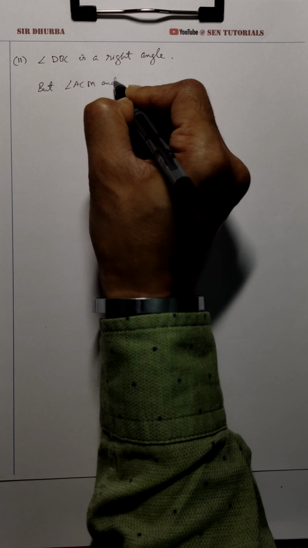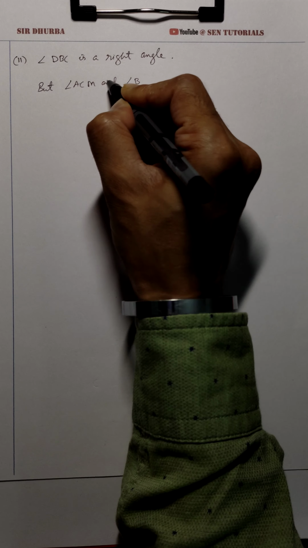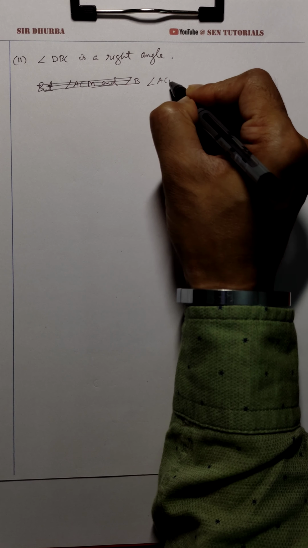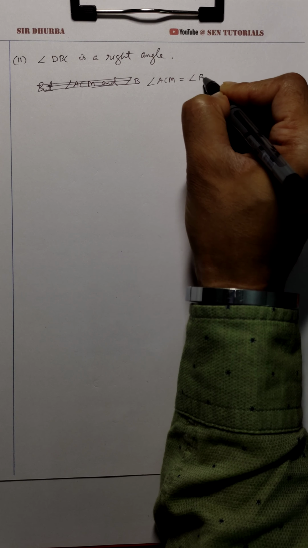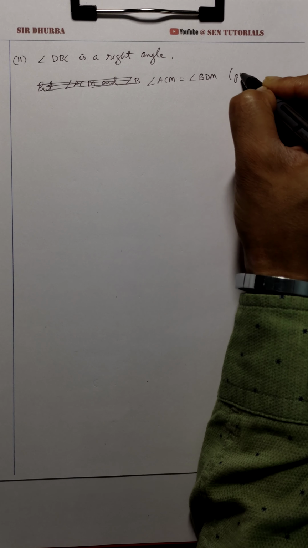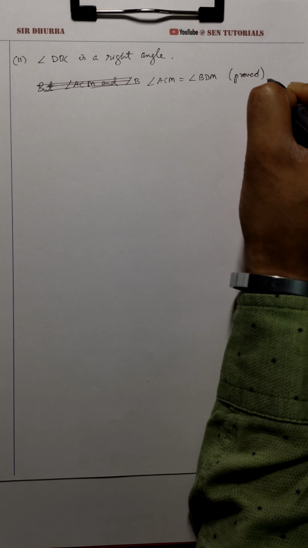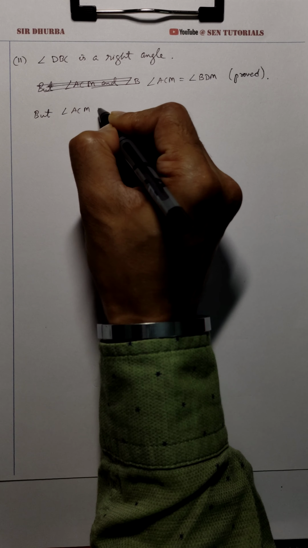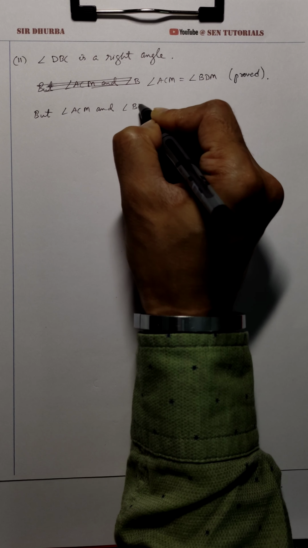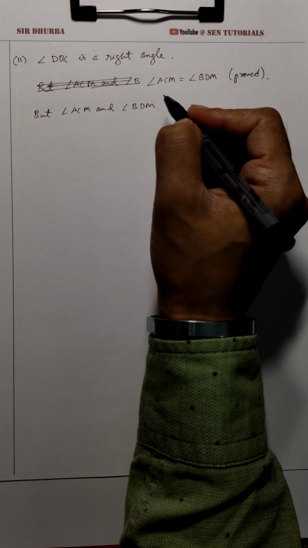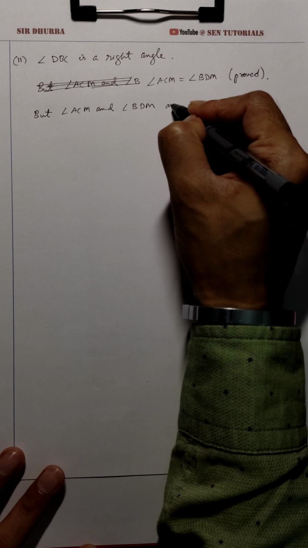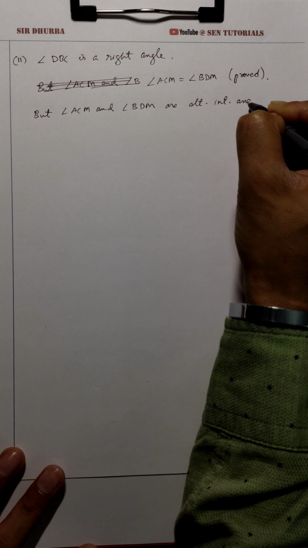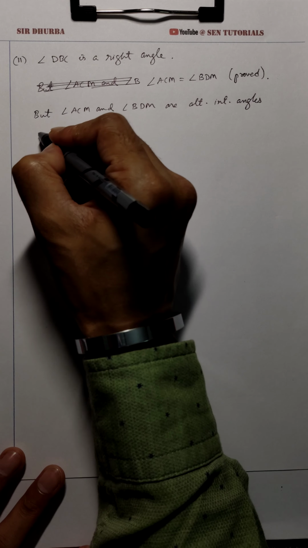Angle ACM is equal to angle BDM. That is actually proved. But angle ACM and angle BDM are alternate interior angles.